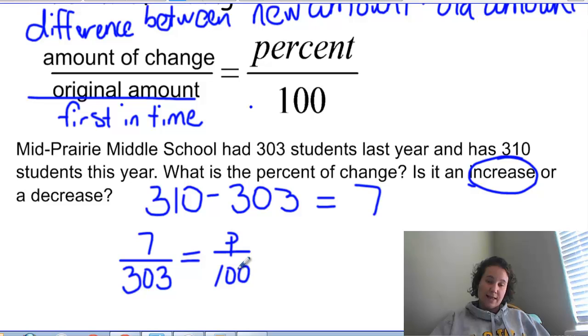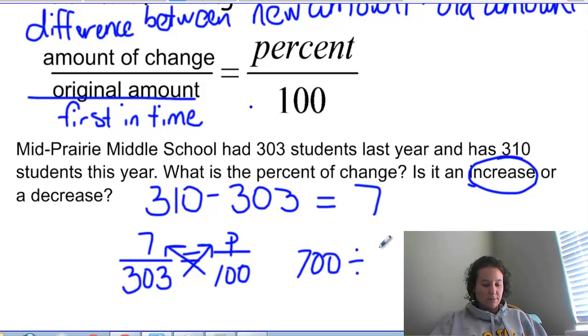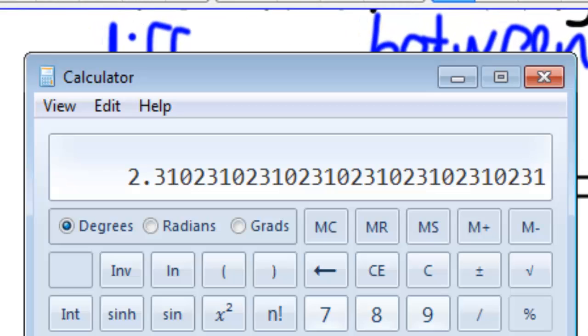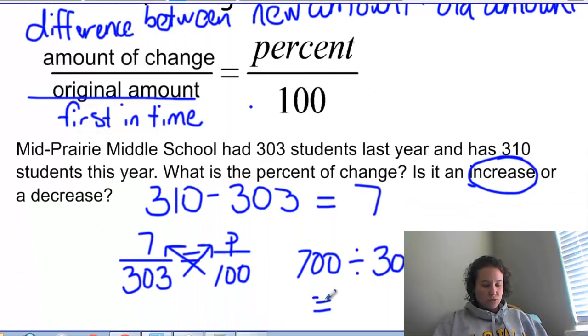And now I'm going to cross multiply and I'm going to solve this. 7 times 100 is 700. And I'm going to divide by this number that's opposite my variable, 303. And that gives me a big long decimal number, which I could round to, let's say, about, so I'm going to use my about sign instead of my equal sign, 2.3%.